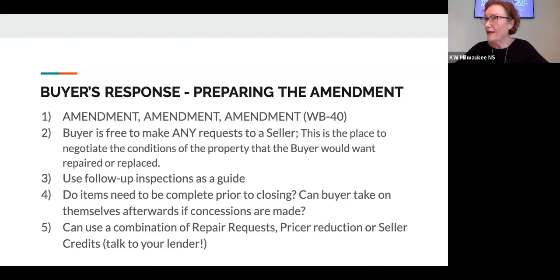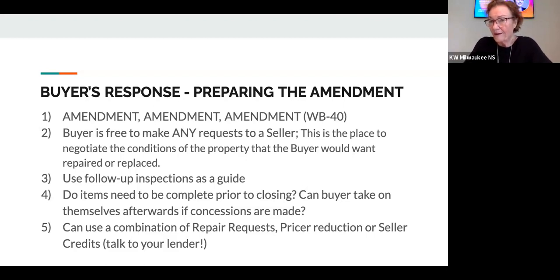So the WB-40 is the time to talk about what the buyer wants done with the property. And the buyer is free to make any request to a seller. This is a place you could talk about things that would be replaced or repaired, how it's going to be repaired and replaced, and how you want to verify that.